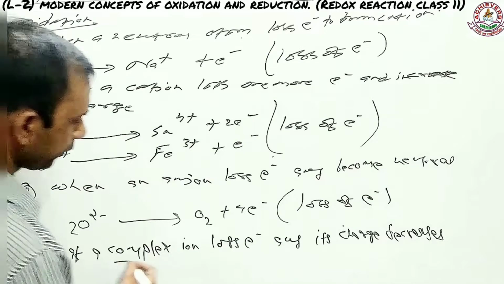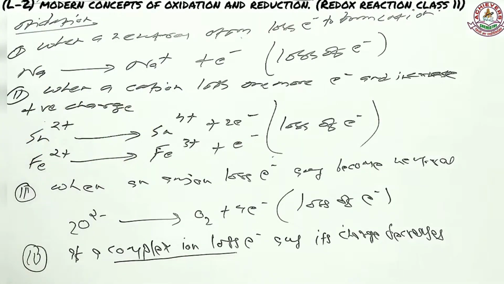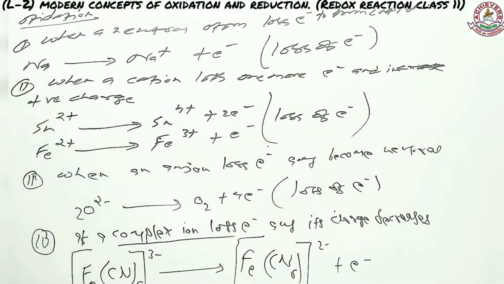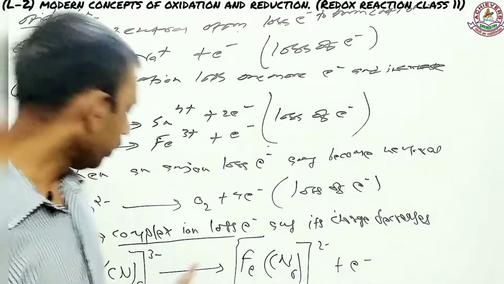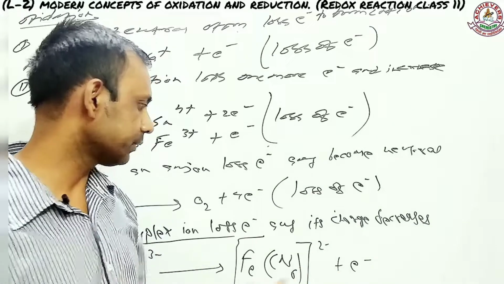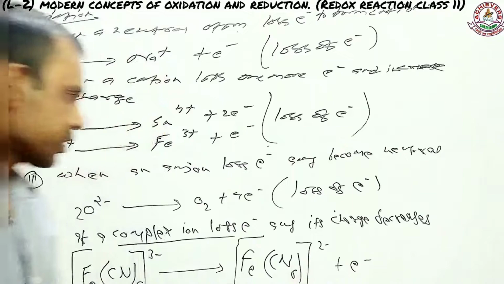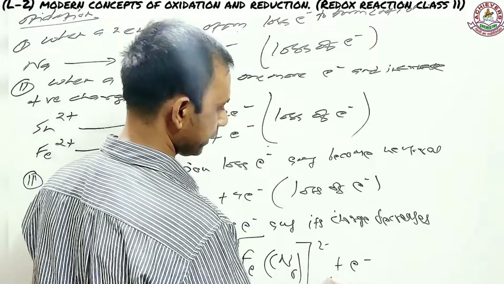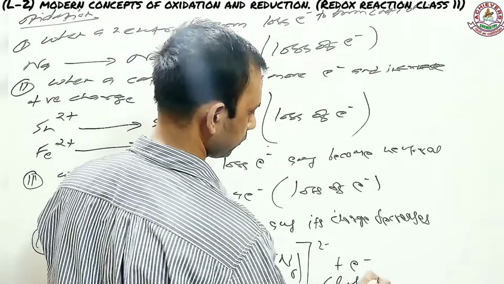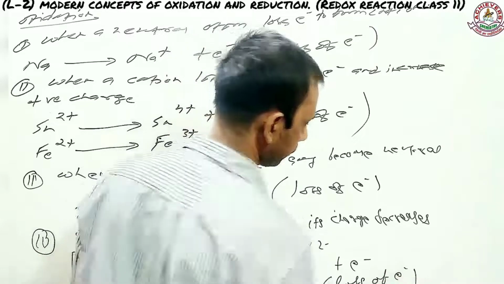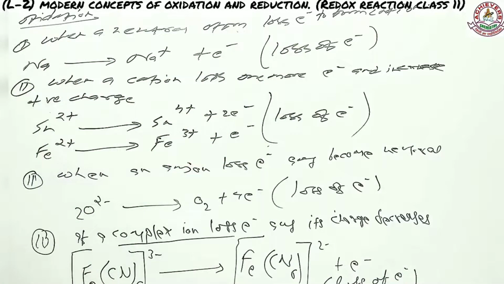You probably have problems with complex ions, but right now I'm just taking an example. If a complex ion where the negative charge is 3 negative loses an electron and its charge decreases, this is also a case of loss of electron. So what we see out here again? Loss of electron.